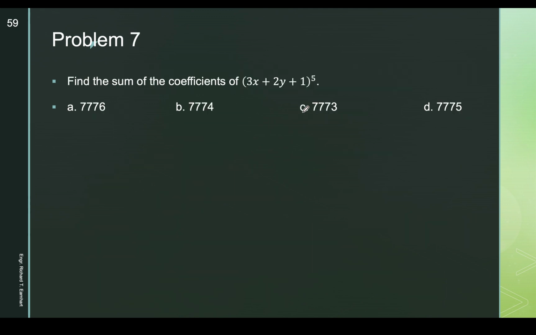Let's have number 7. Find the sum of the coefficients of (3x plus 2y plus 1) raised to the 5th. Okay, note that the sum of coefficients is equal to f of 1, 1 minus f of 0, 0.